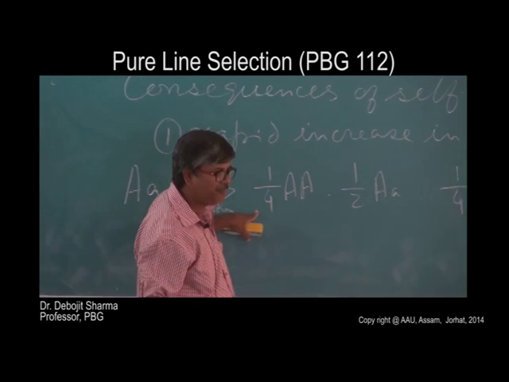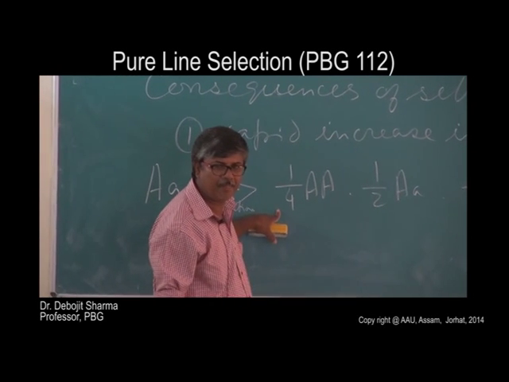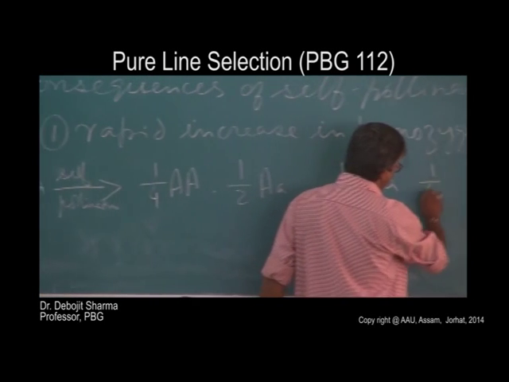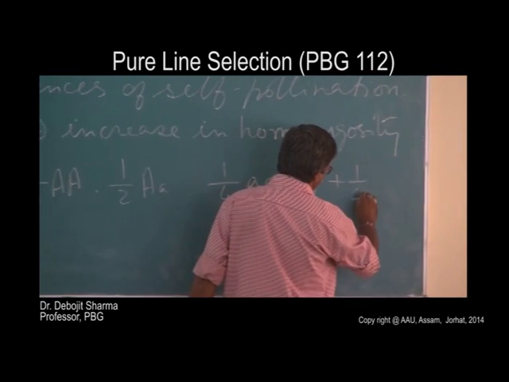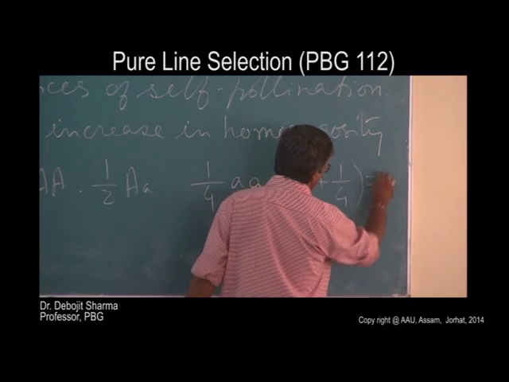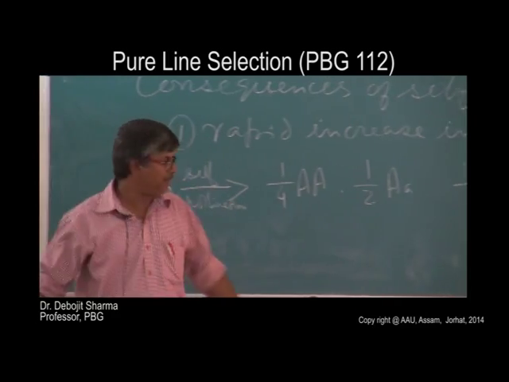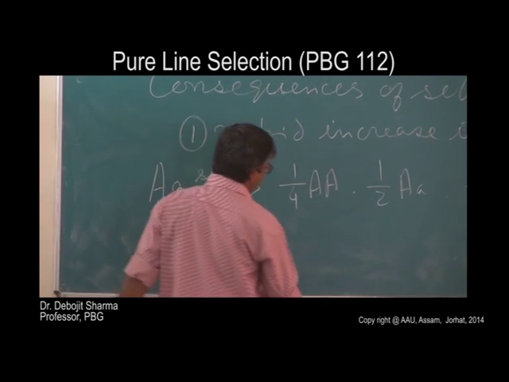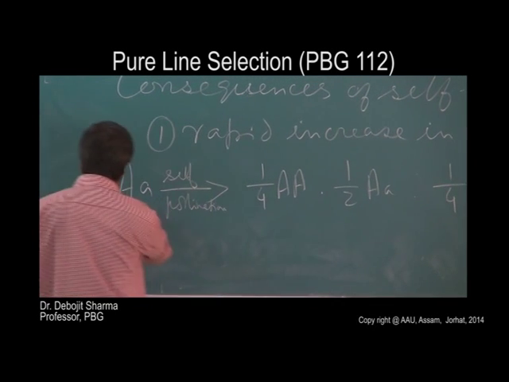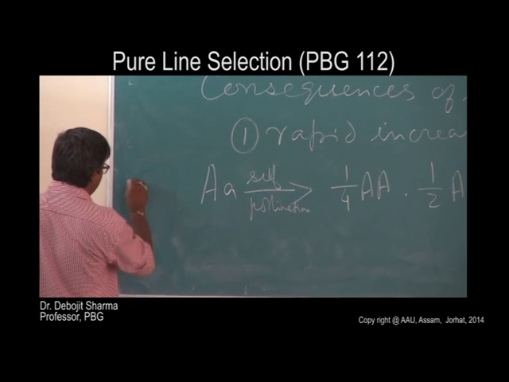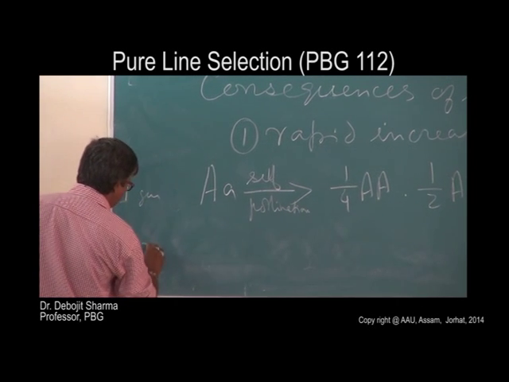Then what will be the proportion of homozygotes here? 1/4 plus 1/4 is equal to half. If you go for another generation of self-pollination, this is after the first generation, and this is the second generation.